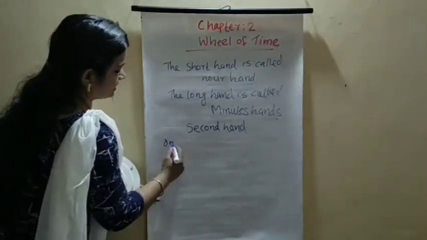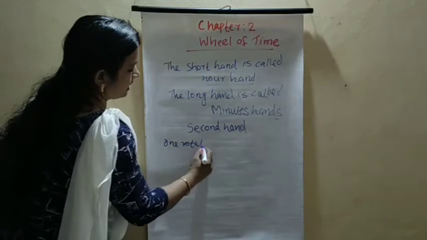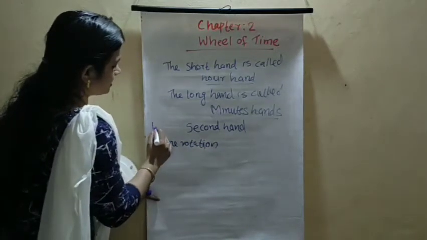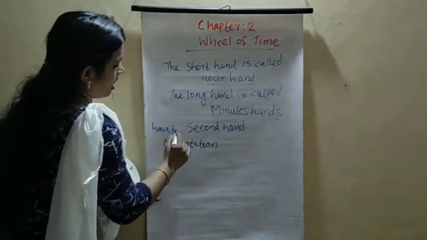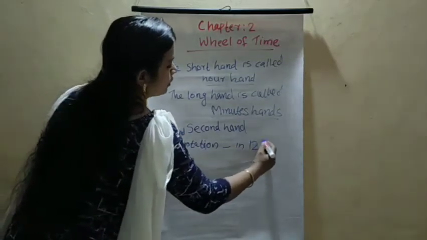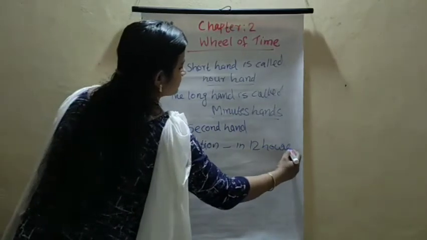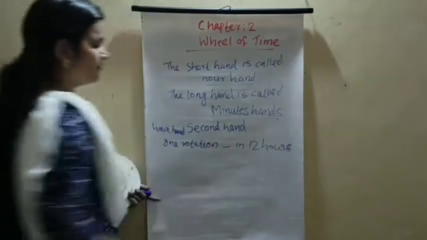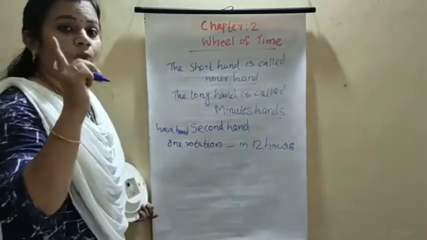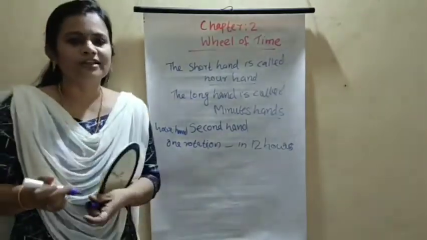In one rotation. The hour hand completes one rotation in 12 hours. Then how many rotations are completed in 1 day? Do you know that?